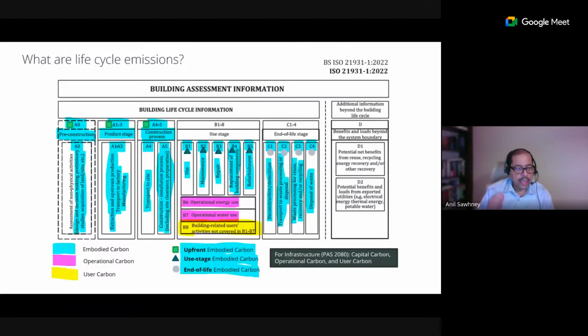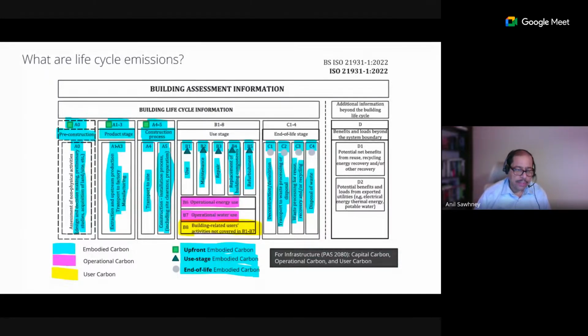Okay. A1, A2, A3 are product stage. You will notice that I'm using a light blue color to further help you understand the various information modules. The light blue color stands for embodied carbon. Okay, so all light blue is called embodied carbon, which we just described.